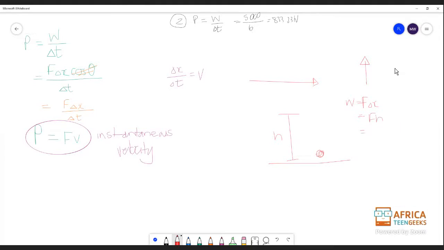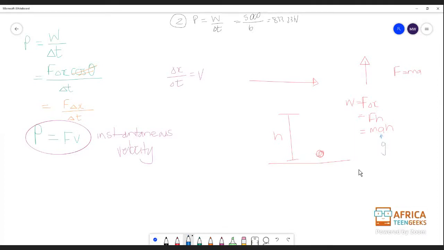We also know that F is equal to ma, because there's no other force acting on this object, so this is going to be ma times h, but because you're working vertically, this acceleration has to be gravity.